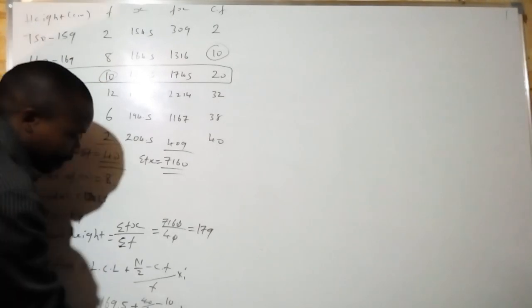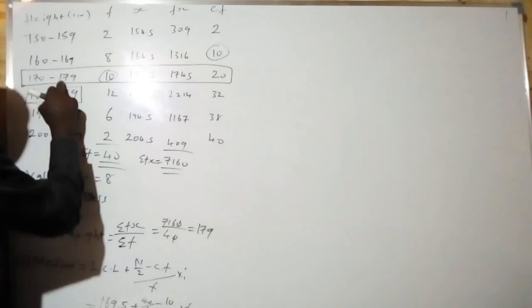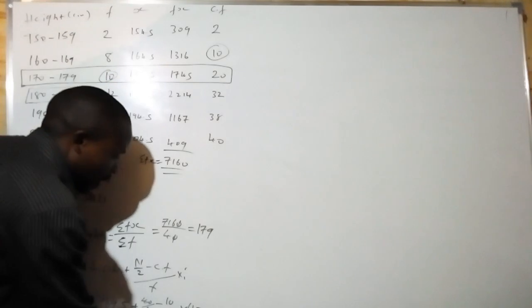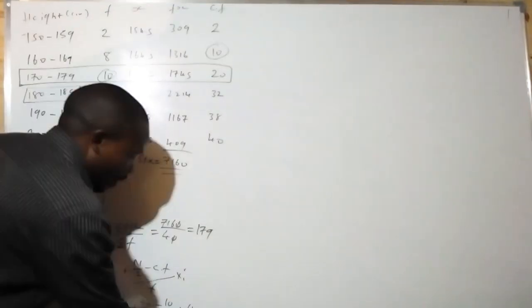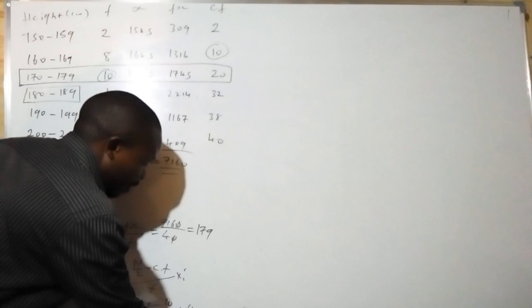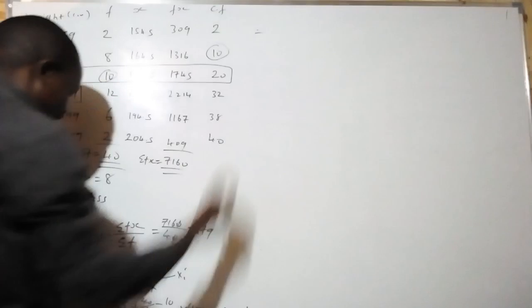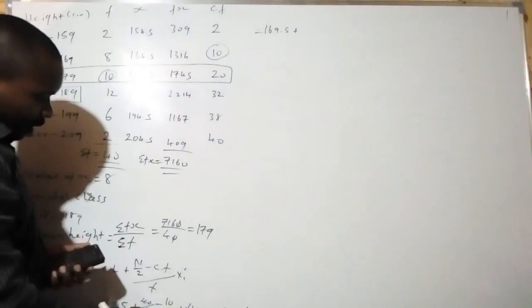i is the difference between the upper class limit, 179, to which we add 0.5, 179.5, minus, here we subtract 0.5, and we are getting 169.5. You can write it here, and we are going to have 169.5 plus 20 minus 10, it's 10. 10 divided by 10, it's 1.